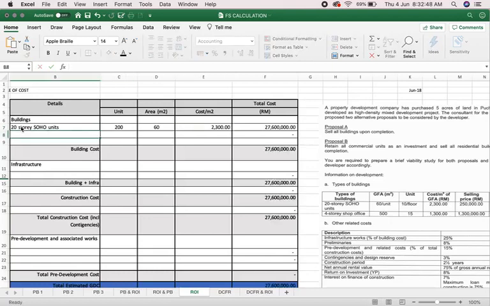Then enter, you will get 27 because of the formula that we have done just now.